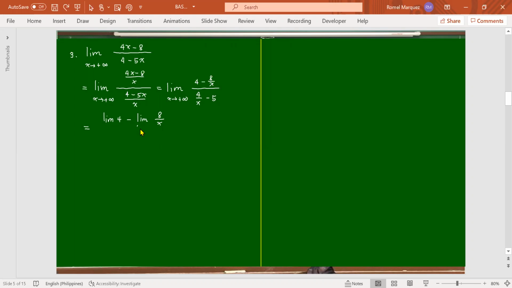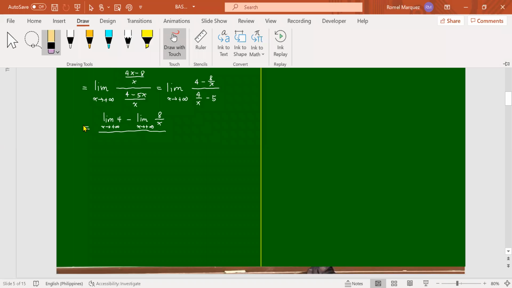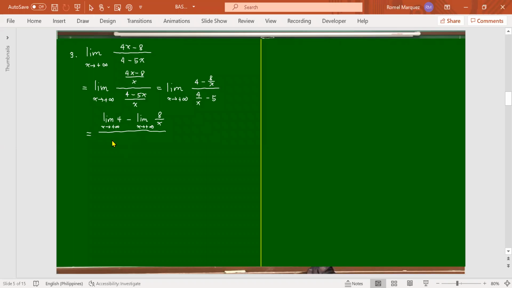Okay, guys? x approaches positive infinity, all over. When you put an equal sign, center it on the fraction bar.